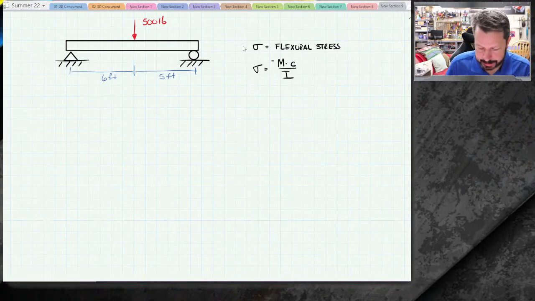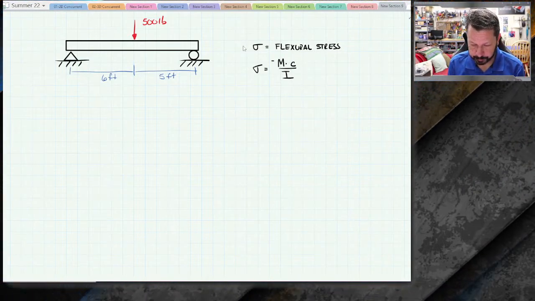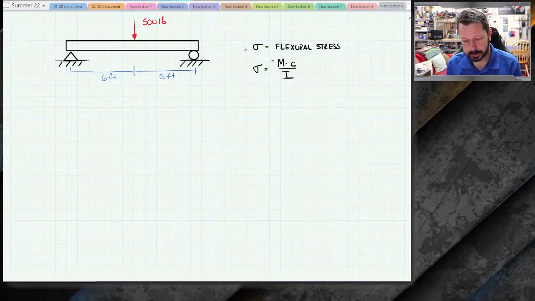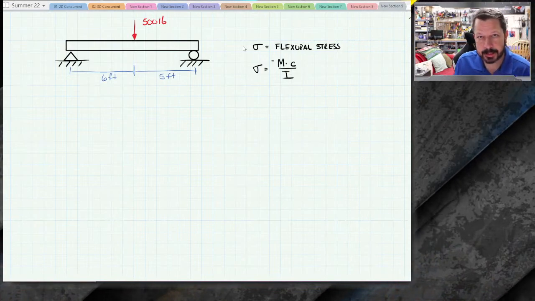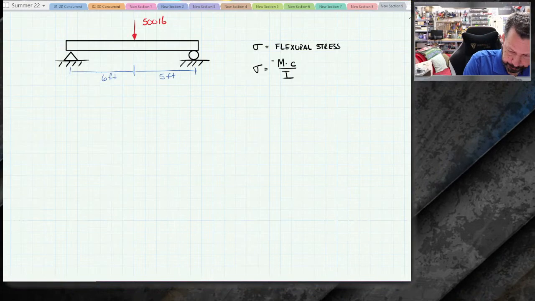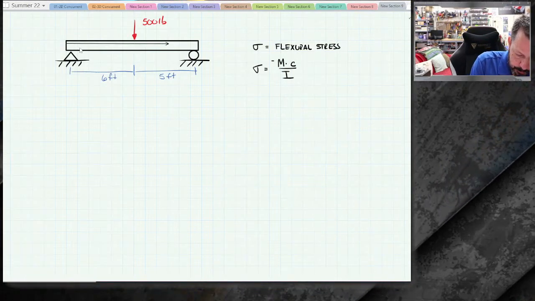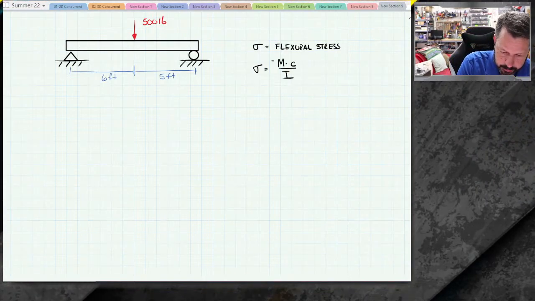We don't know what I is yet. That's a new term that we haven't really talked about. So for now, let's use beams, like our little beam over here, that we can just look up a value for I. So let's say that this is a T-beam. So I'm going to draw a little, whoops, I didn't want an arrow on that. Just wanted this.